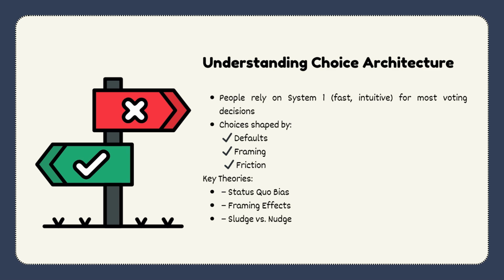Most voting-related decisions, like updating registration or choosing to vote, happen in System 1, meaning people are heavily influenced by defaults, presentation, and friction. This is why choice architecture matters. It targets how humans actually make decisions, not how we should make them in theory.